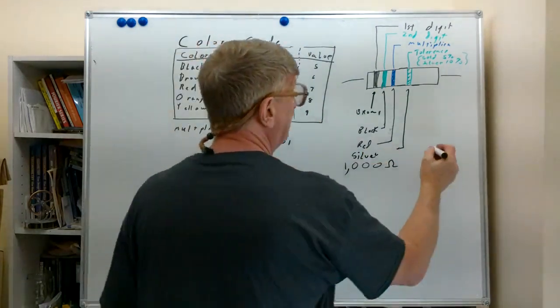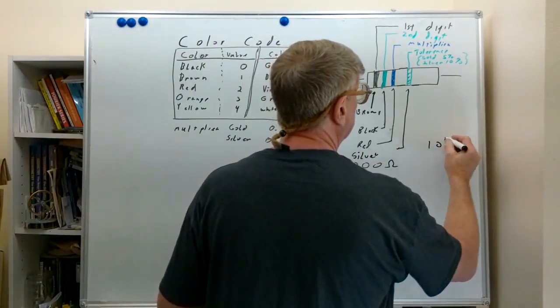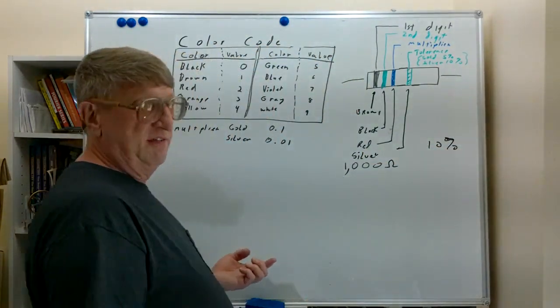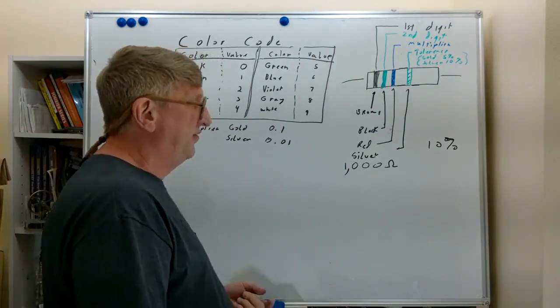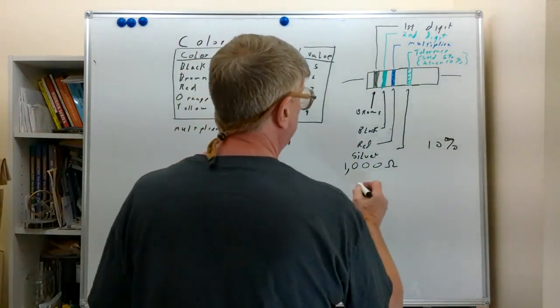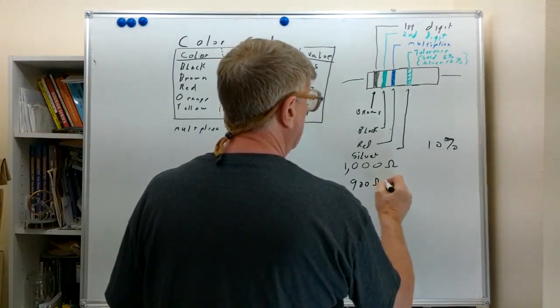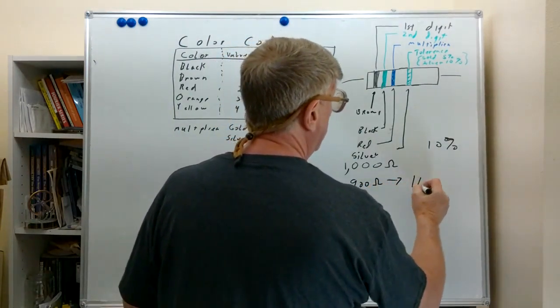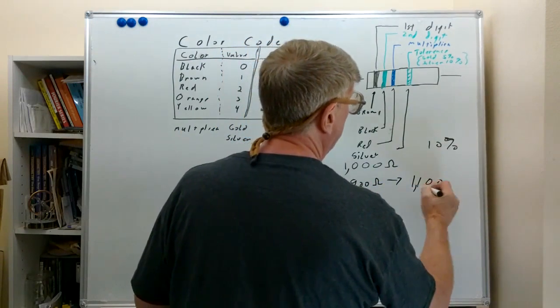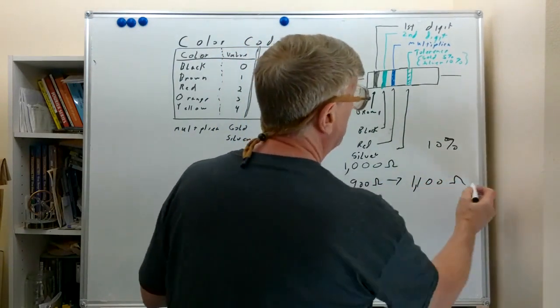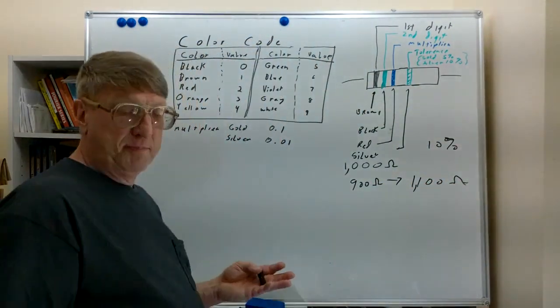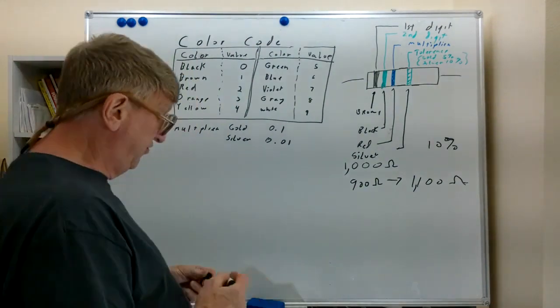That's an indication of 10%. So 10% of 1,000 ohms, that means that we can be within 10% of that. So this could be 900 ohms to 1,100 ohms and still be a proper in-specification resistor.